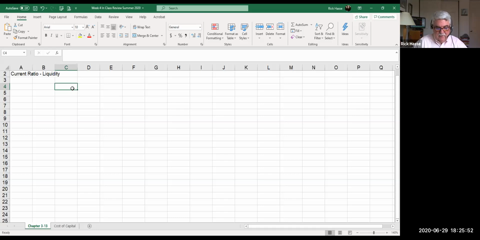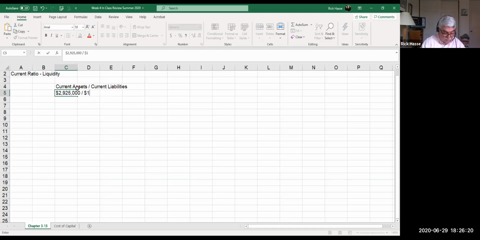The definition of it is current assets divided by current liabilities. Pretty simple. In this calculation in problem 3-13, the current assets total $2,925,000, and they'll be divided by the current liabilities of the company, $1,225,000.